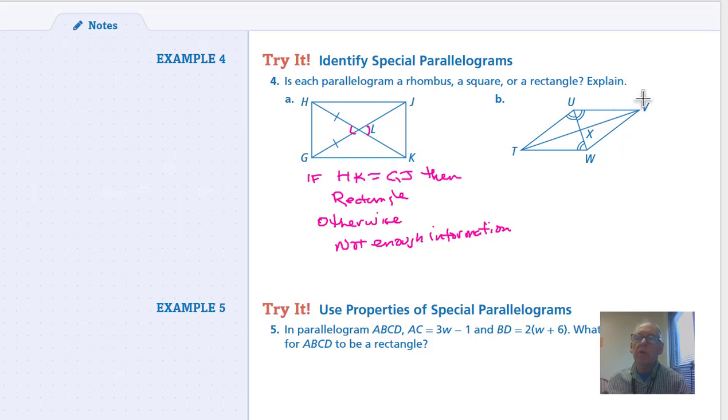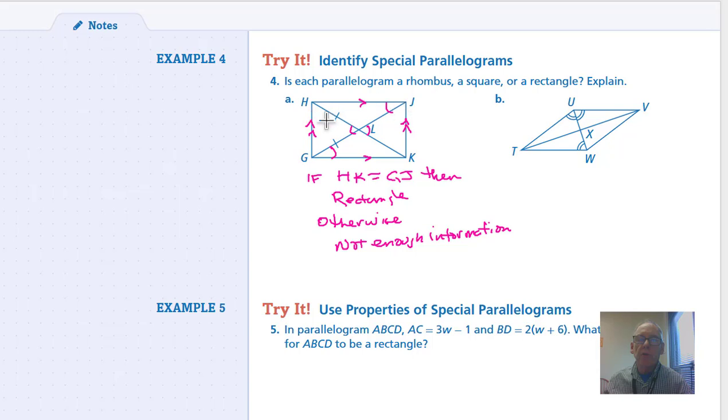Okay, let's look at this next one. Here they're showing us that this diagonal bisects this top angle. It's a parallelogram. So let's put the parallelogram stuff in for A here. If it's a parallelogram, by alternate interior angles, we've got these angles congruent.